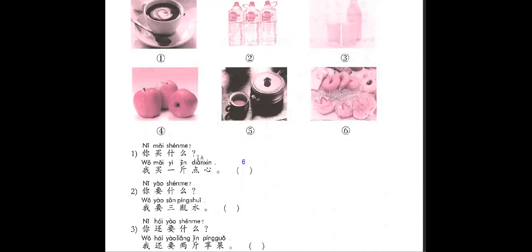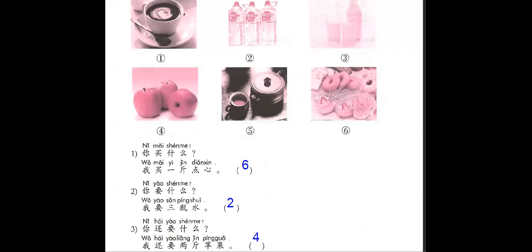So 点心, this is the keyword, sweets, number 6. Next, 你要什么? What do you want? 我要3瓶水. I want 3 bottles of water. So picture number 2, where we can see 3 bottles of water.